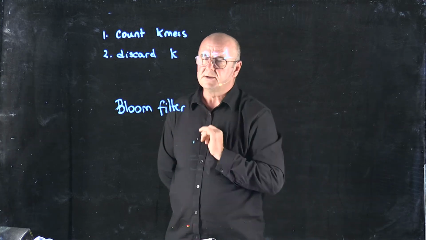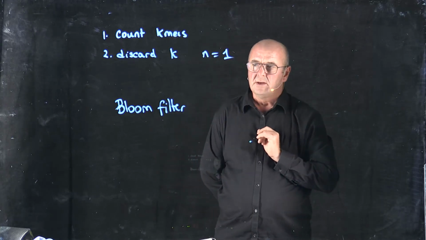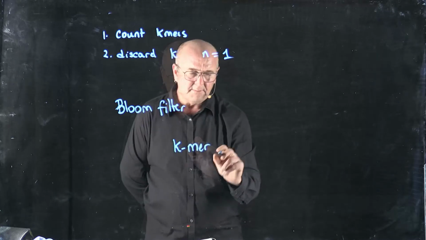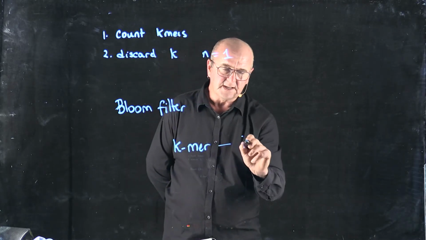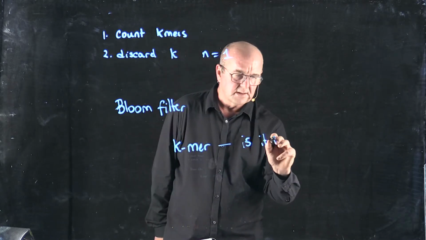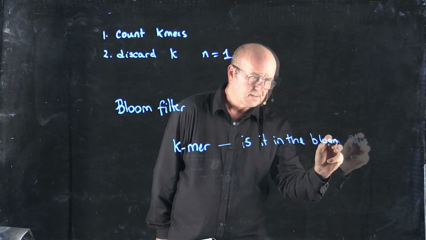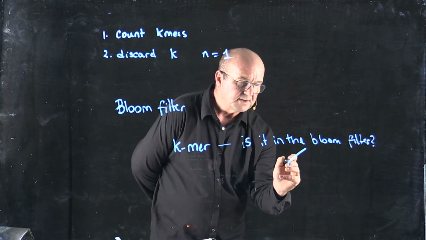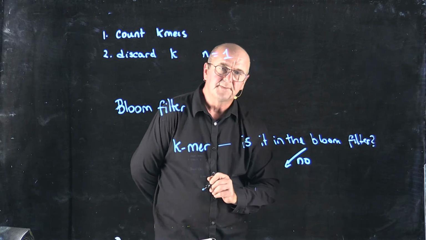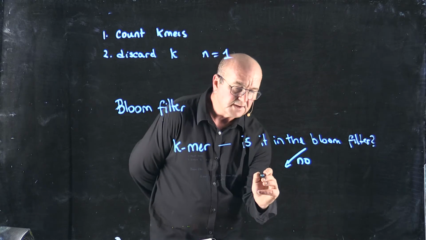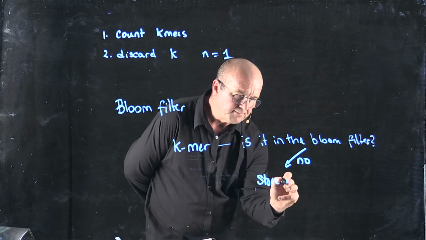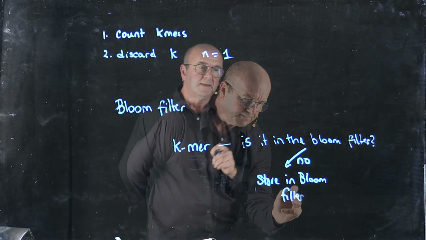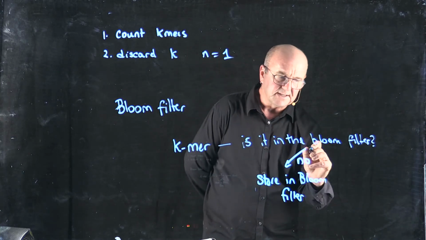So if we start with a Bloom filter, we can take a k-mer and ask the question, is it in the Bloom filter? If this k-mer is not in the Bloom filter, then we haven't seen it yet. So now we're going to store it in the Bloom filter.